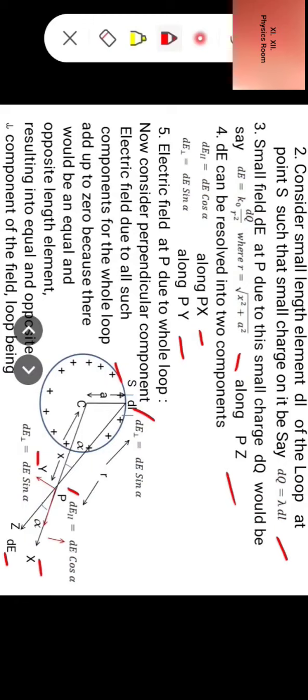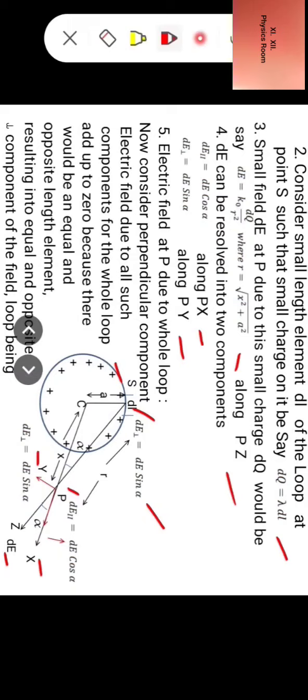Now fifth point, electric field at P due to whole loop. So we are to find out electric field due to whole loop at point P. Now consider perpendicular component dE perpendicular equal to dE sin alpha.